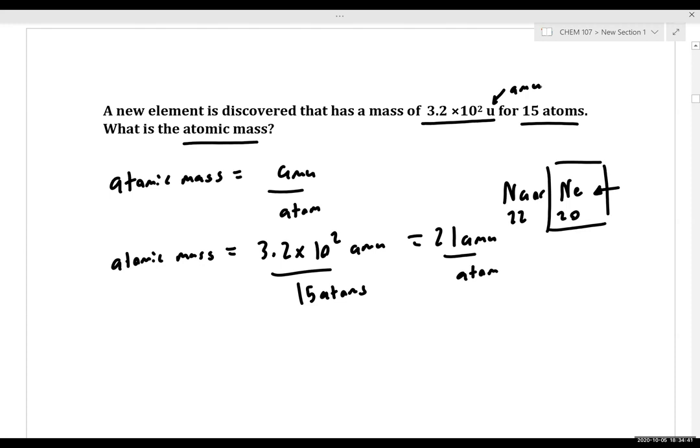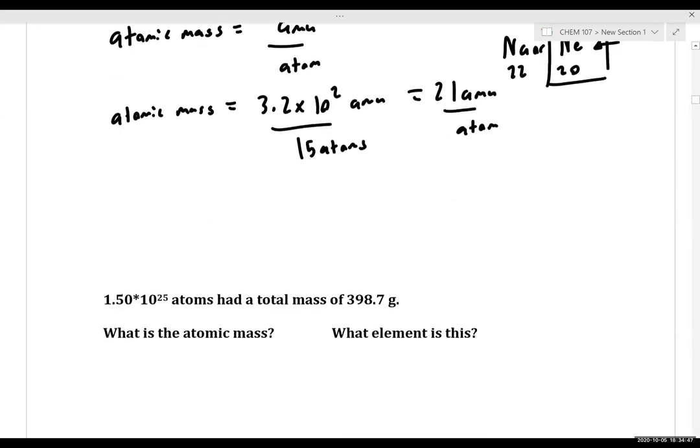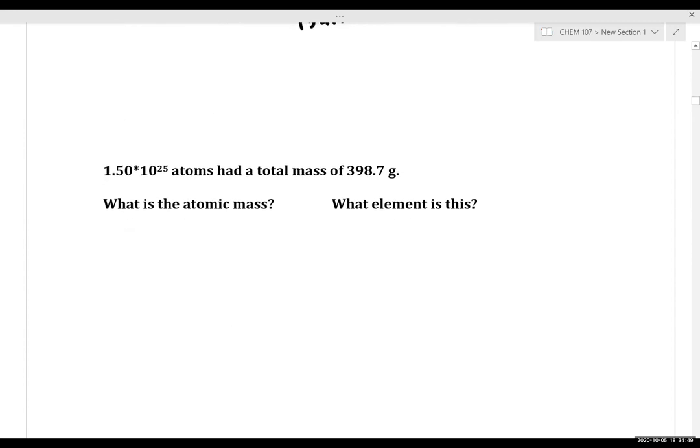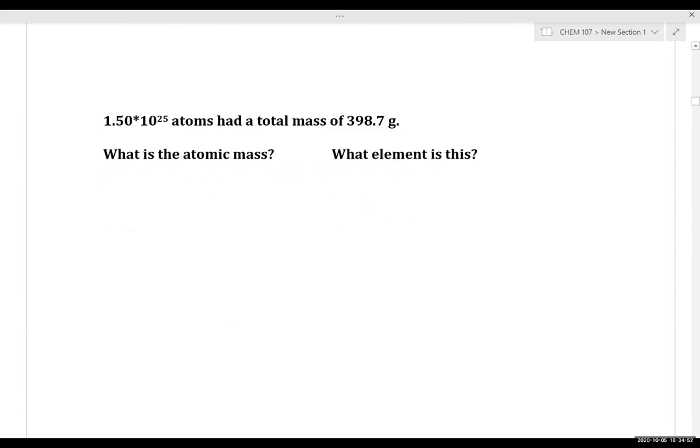Okay. Perfect. So now that we've seen an example of calculating atomic mass, I'd like you to take a look at the following problem. We know that 1.5 times 10 to the 25th atoms has a total mass of 398.7 grams.